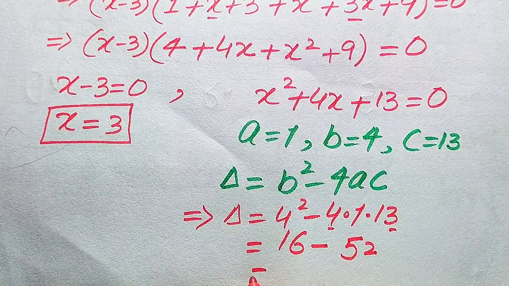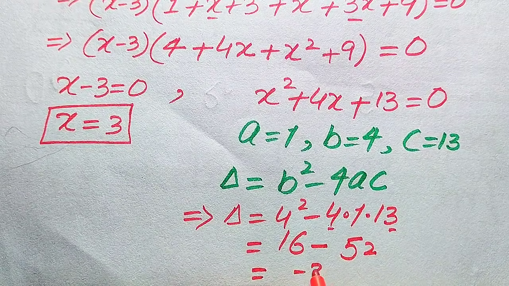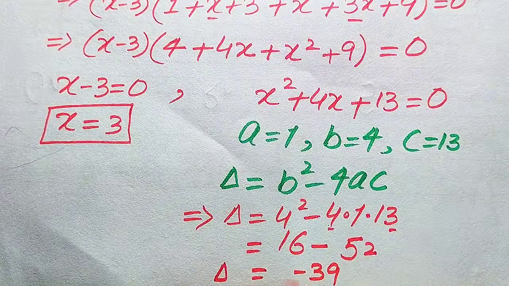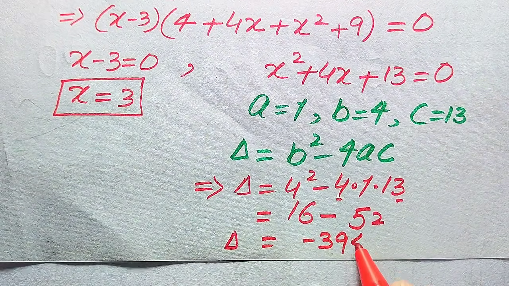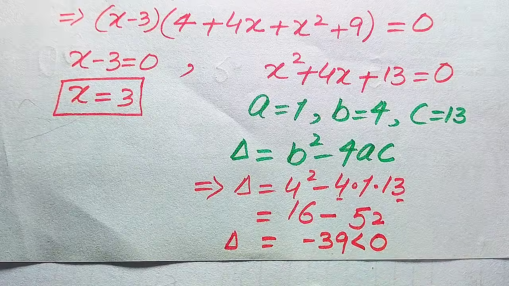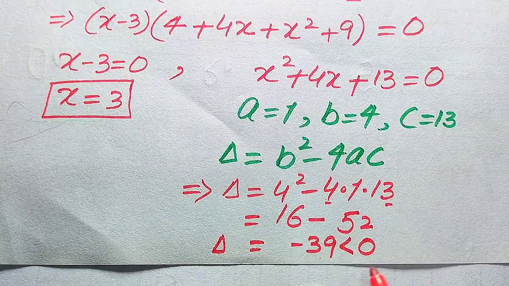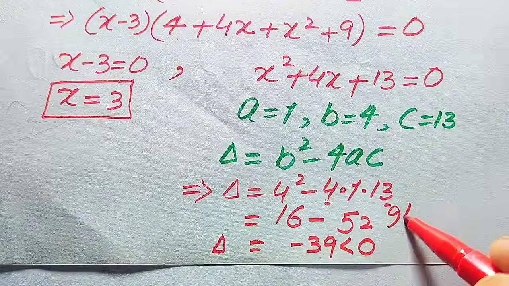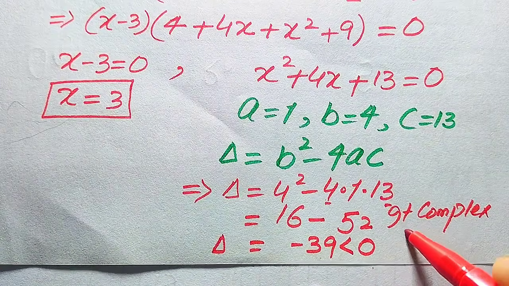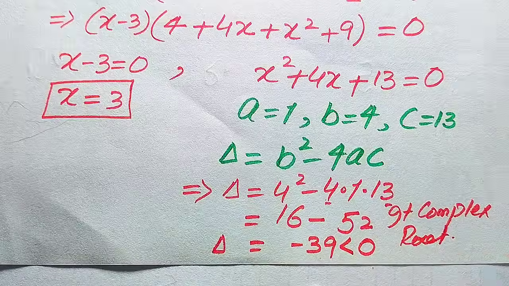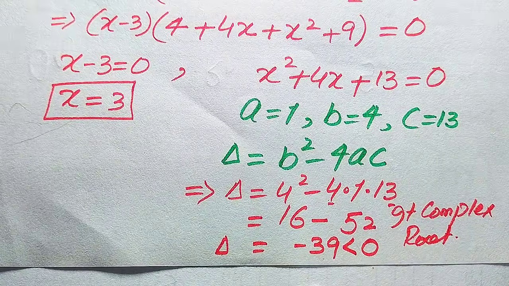So this is written as 16 minus 52 becomes minus 39. This is the value of delta, and you clearly see this is a negative value. It means this is less than 0, so it has complex roots, or in other words, it does not have real roots.